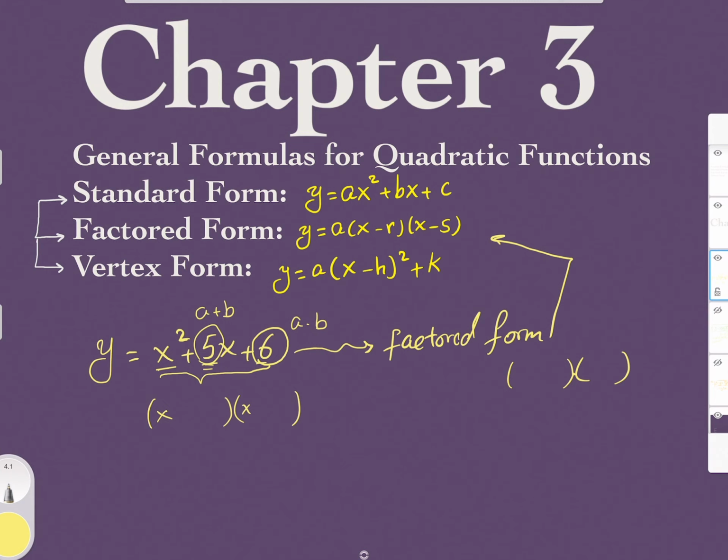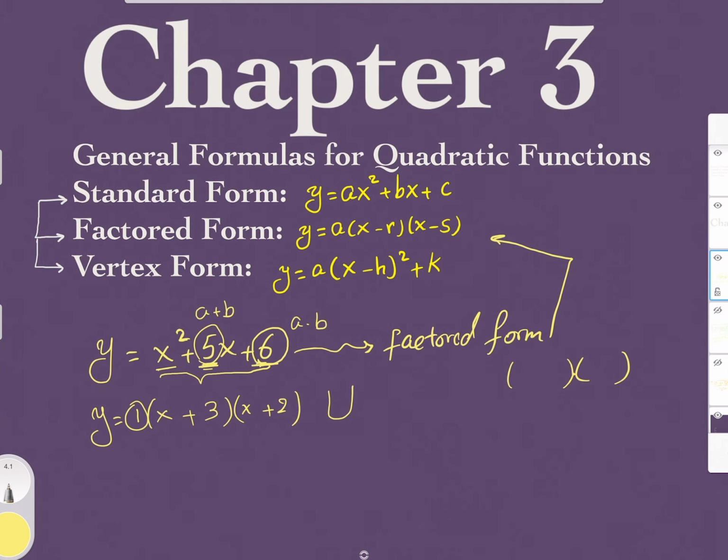Sometimes it's easy, sometimes it takes time, so take your time to make sure you get the correct numbers. It happened to be 3 and 2. So (x plus 3)(x plus 2). This is the factor form, and if I ask what is a, a is 1, and it will be concave up.